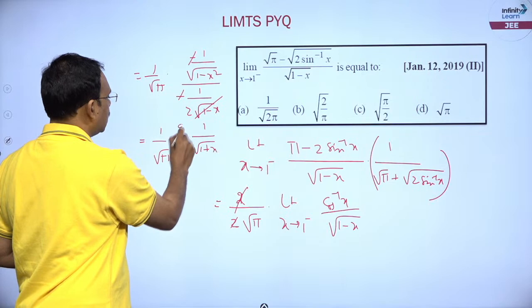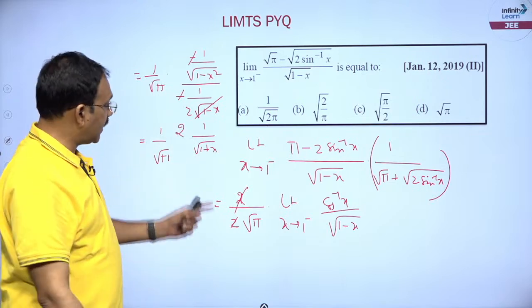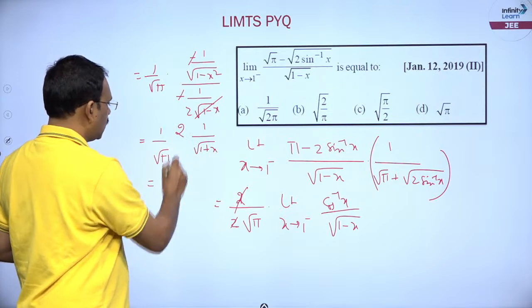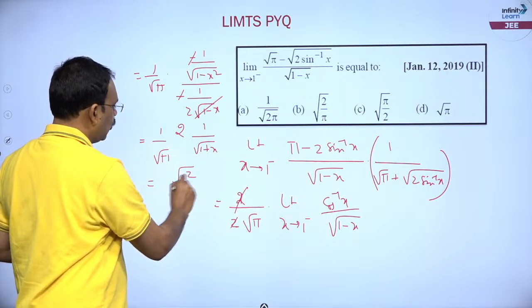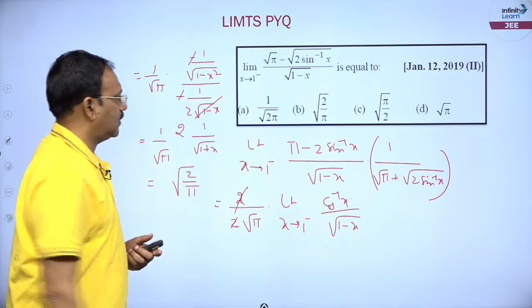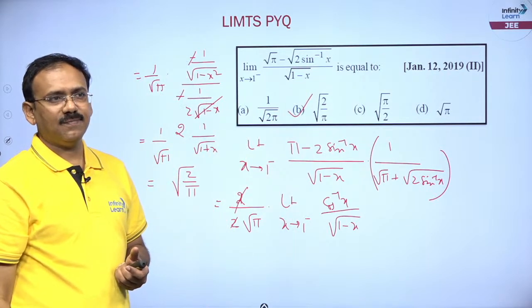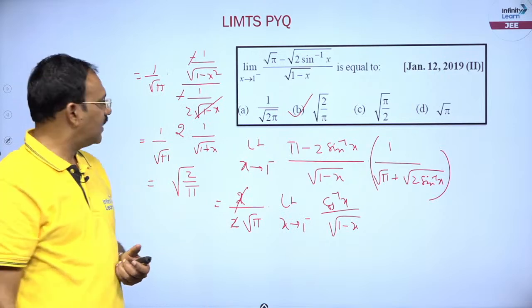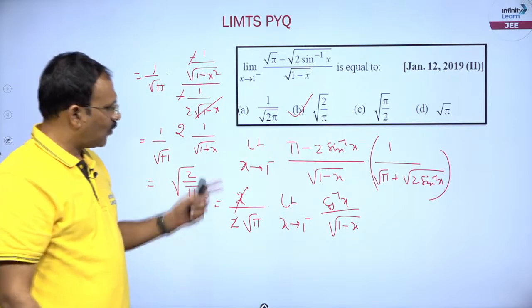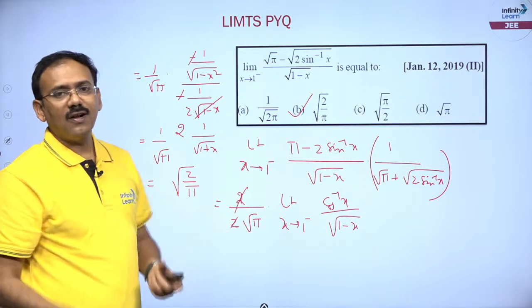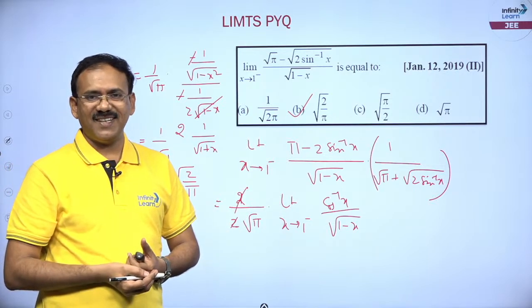So this 2 comes here. As x tends to 1, 1 plus 1 is 2. So this is root of 2 by pi you are going to get. This is going to be option B, dear students. Okay, clear? Simple. One rationalization, one L'Hospital's rule got us the answer, right?